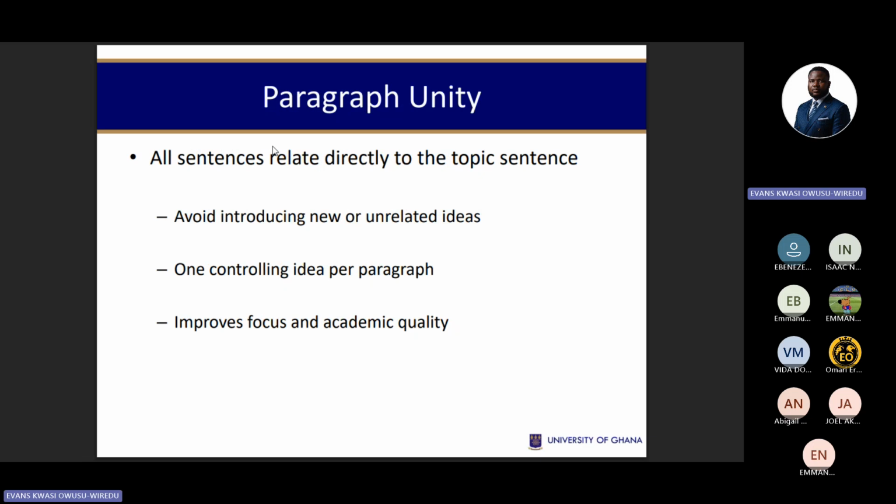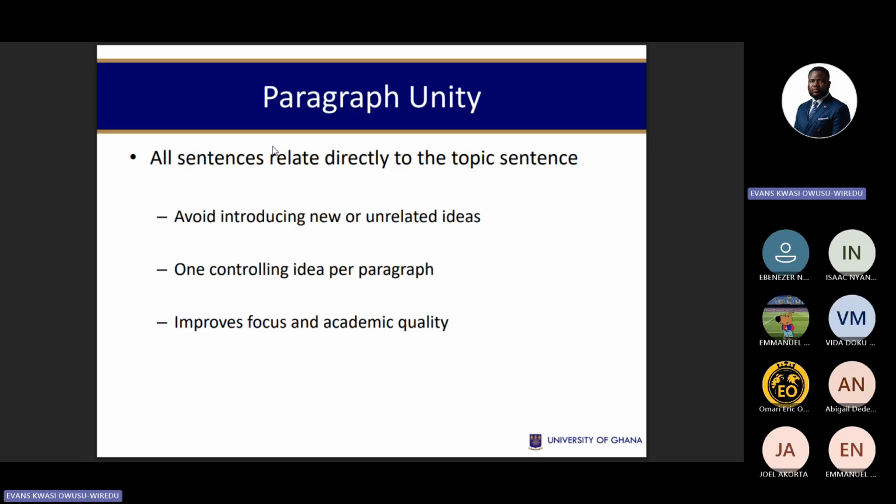So we are going to finish. All sentences relate directly. So the paragraph unity. In academic writing 1, we learned some things, the principles. All sentences are supposed to be connected to the topic sentences.